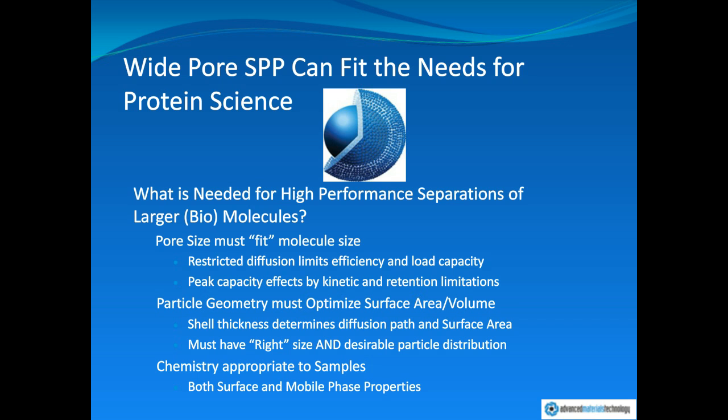So there are kinetic components to that, that is mass transfer characteristics, as well as, if you don't have enough porous material there, you may have retention limitations. In other words, getting a sufficient peak capacity because of a large enough gradient separation range. Now, all of this involves essentially modeling out particle geometry and optimizing the surface area to volume relationship while maintaining a sufficient shell thickness, but not too thick so that you block the diffusion path.